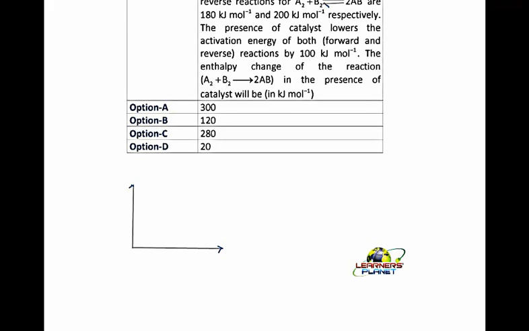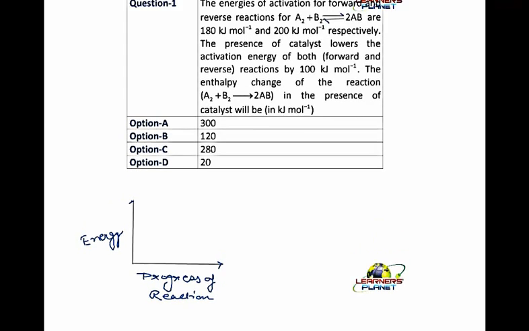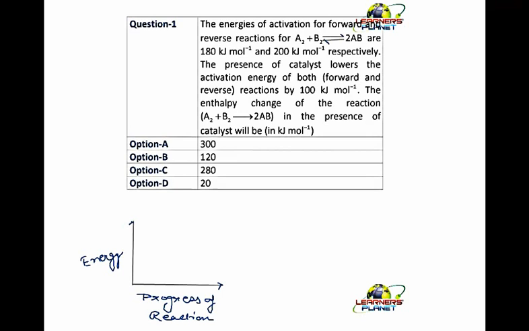What is plotted is the energy, and on the x-axis we've got progress of reaction, right? So whatever reaction this is, A2 plus B2 to 2AB, the forward reaction is 180 kilojoule per mole. And the reverse reaction, that is backward reaction, it is 200 kilojoule per mole.